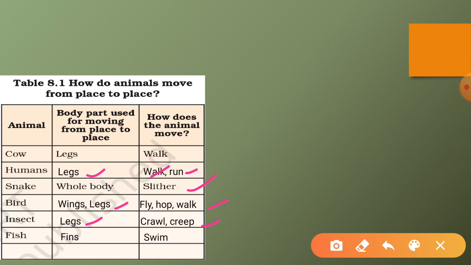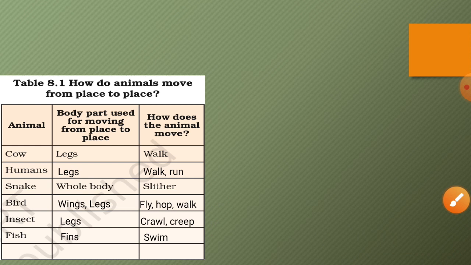Lastly, fish. They have fins and they swim in water. Now we have seen different types of body movements in these animals: walk, run, fly, jump, creep, crawl, slither and swim. These are only a few ways in which animals move from place to place.